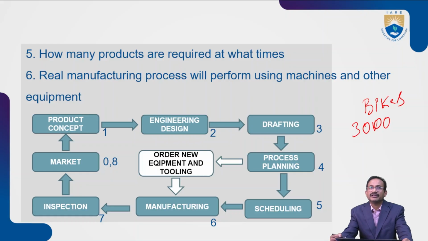Out of 3000, 2000 bikes should be sent to the Secunderabad showroom, let us say, and 500 to Vijayawada and 500 to Vishakhapatnam.